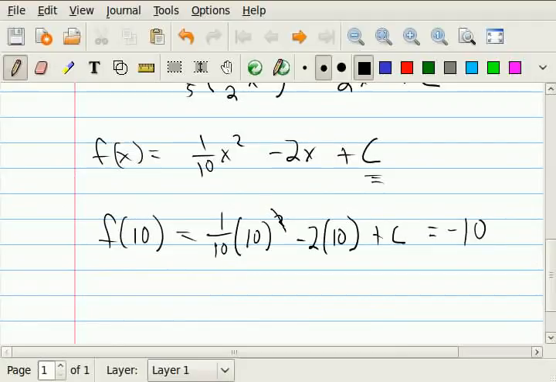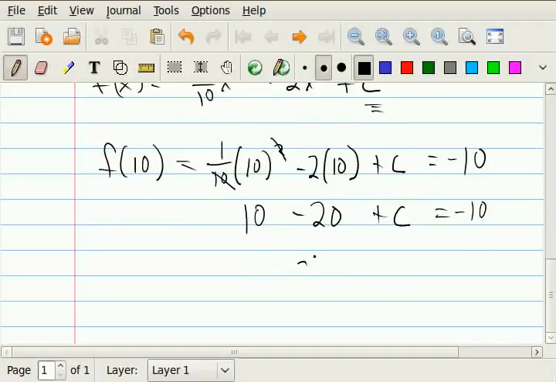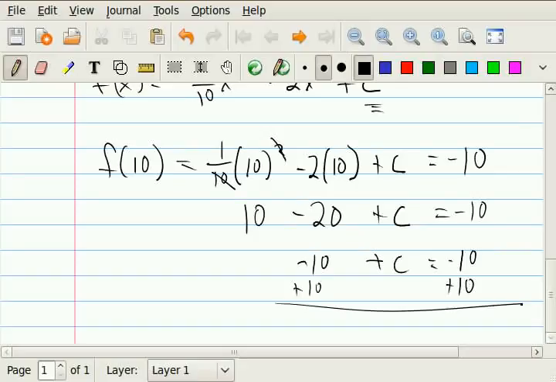I can cancel one of those with that 10 in the denominator, and I get 10 minus 20 plus c. Okay, that's f of 10. That has to be equal to negative 10 based on the information they told us. So if I subtract those numbers, add 10 to both sides, I see that c is equal to 0.